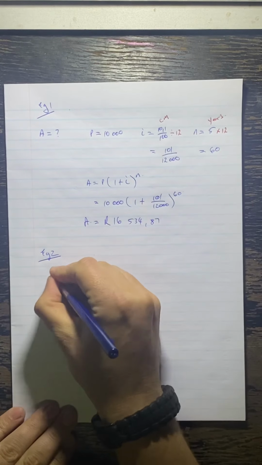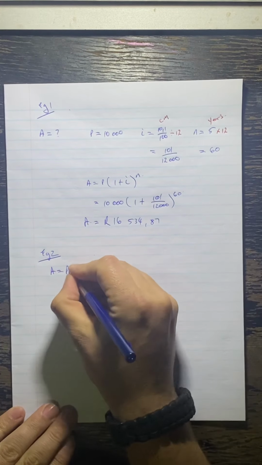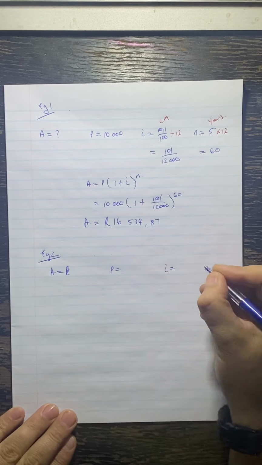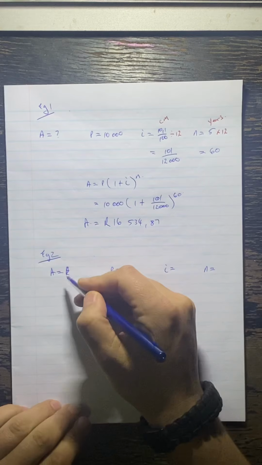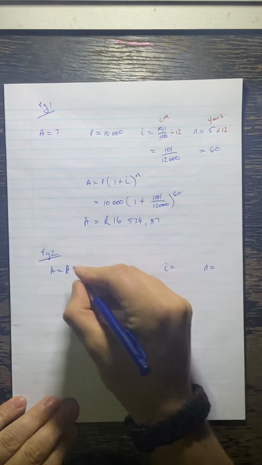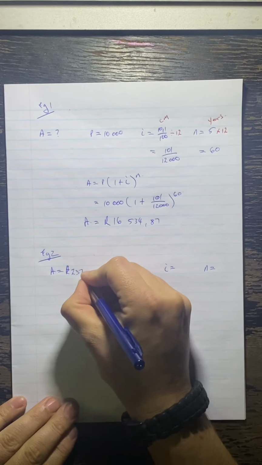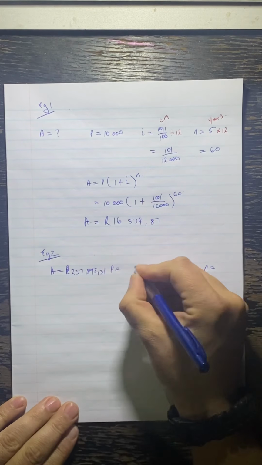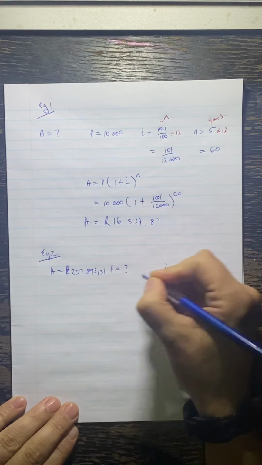Okay, so example 2. We've got A equals, P is equal to, i is equal to, n is equal to. So our accumulated amount, they told us, was this 237,892 Rand and 31 cents. We want to work out what the principal amount was.